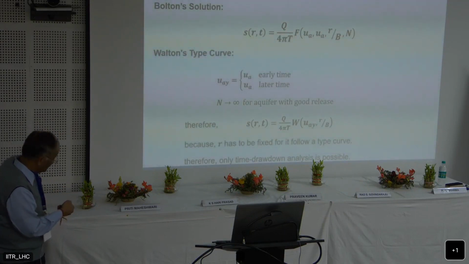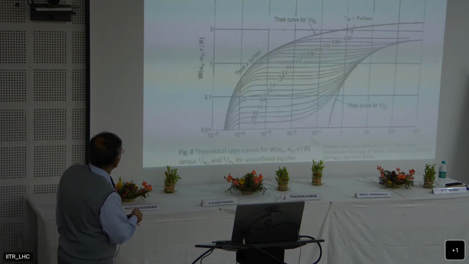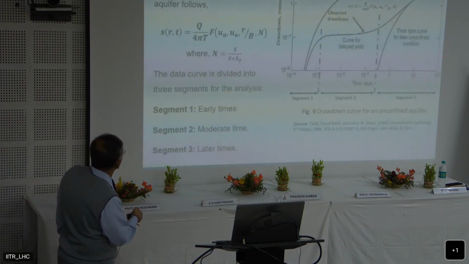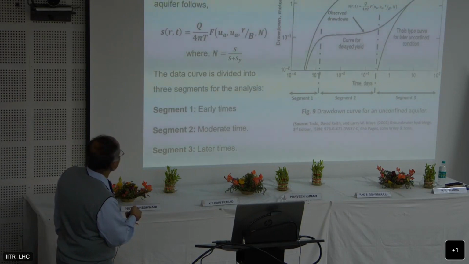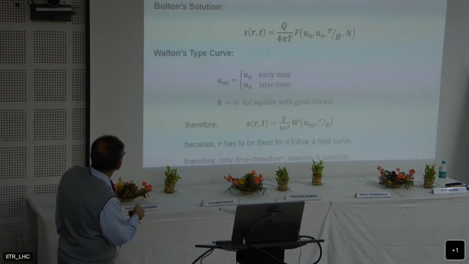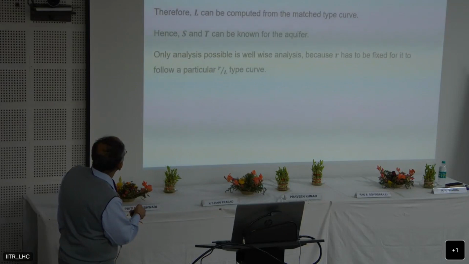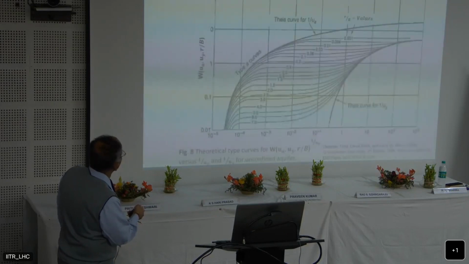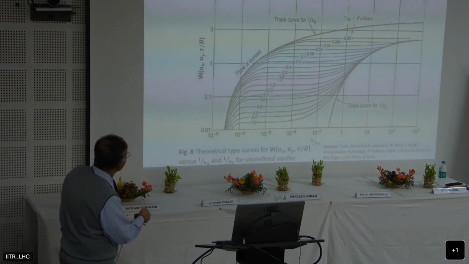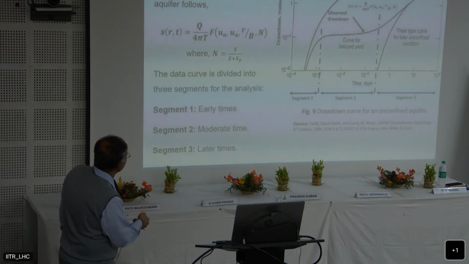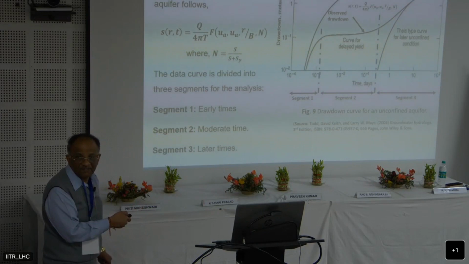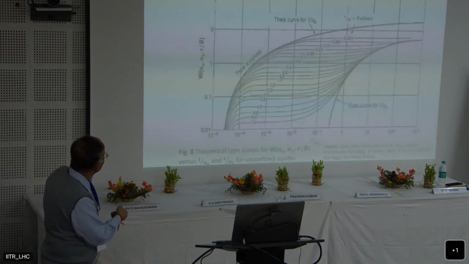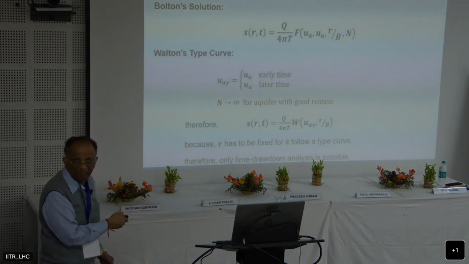I have forgotten to give the expression for b. It's in the previous presentation. It's the square root of t over alpha Sy.